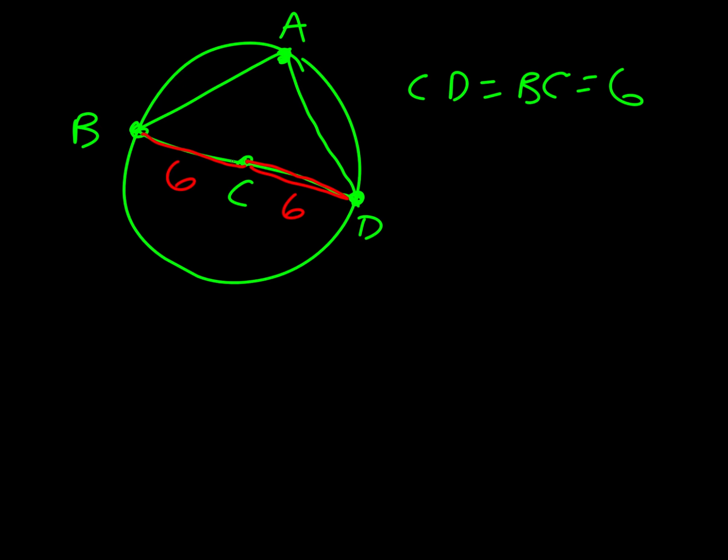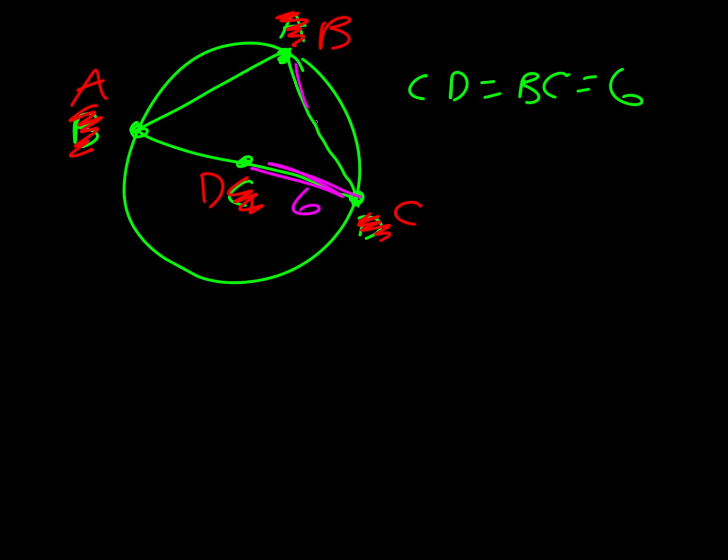I labeled mine different than the problem I was doing. So it's going to be A, B, C, and this one's D. Okay, let's try that again. So CD is 6. BC is also 6.